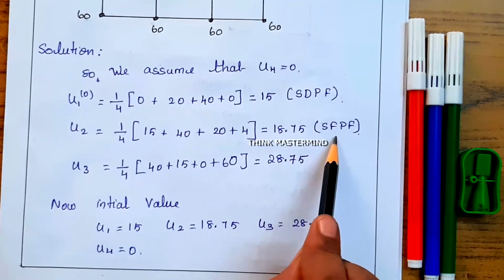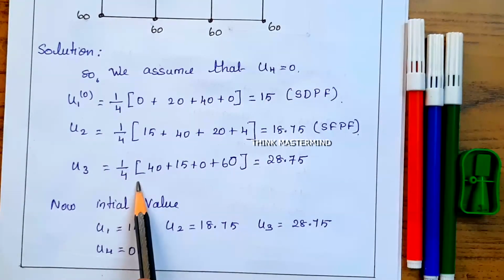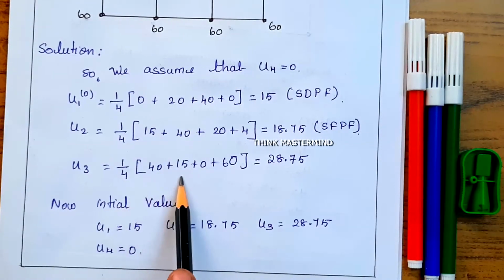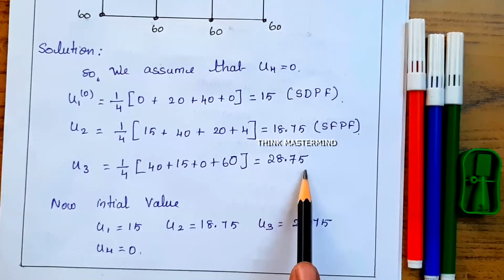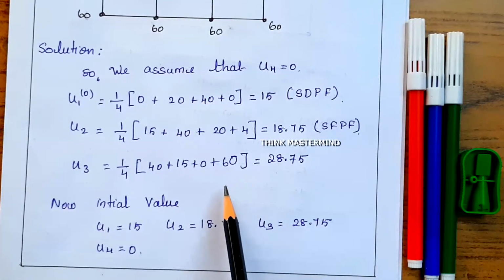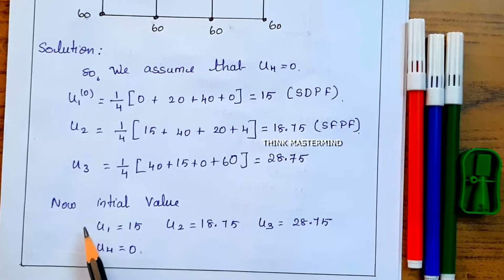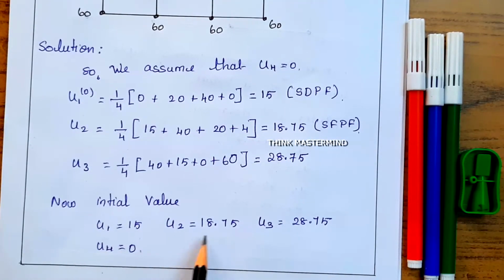That is the standard 5-point formula. And u3 is equal to 1/4 times (40 + 15 + 0 + 60), that is equal to 28.75. Once I have all the initial values of u1, u2, u3 and u4: u1 is 15, u2 is 18.75, u3 is 28.75, u4 is equal to 0.